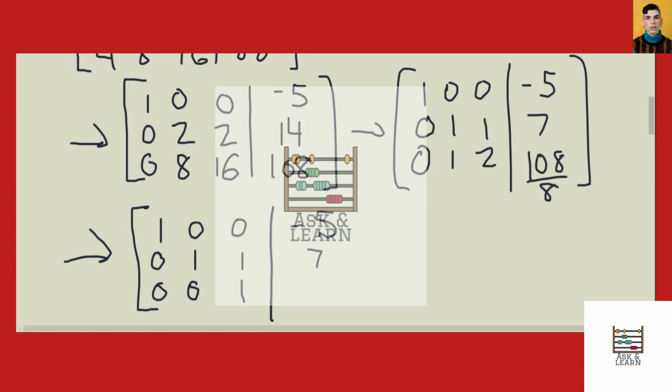That's 54 over 4, which is the same as 27 over 2. So 27 over 2 minus 7 is 27 minus 14 over 2, which is 13 over 2.